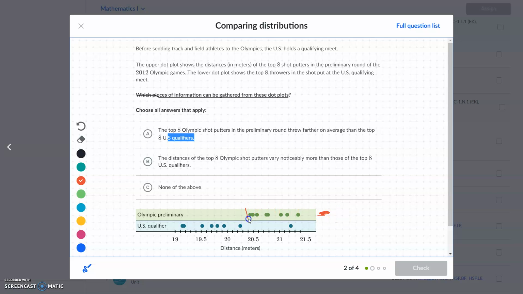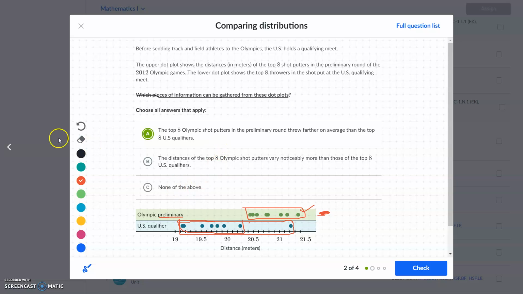On average, are they higher than the other one? Definitely. You can see that in the preliminary round, all of the dots are higher than in the US qualifier. Most of them are down here, and then you have just one little outlier over there. So yeah, A is going to be true.